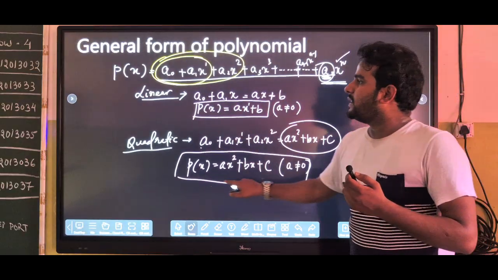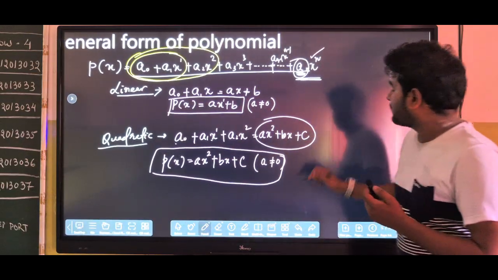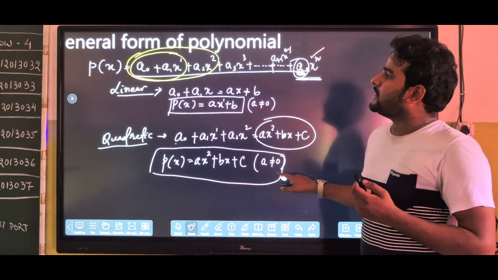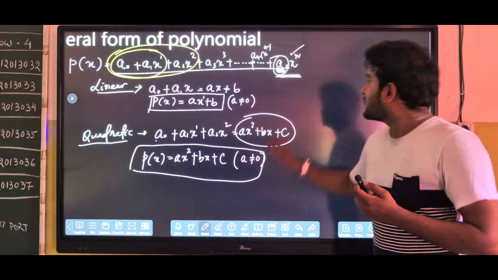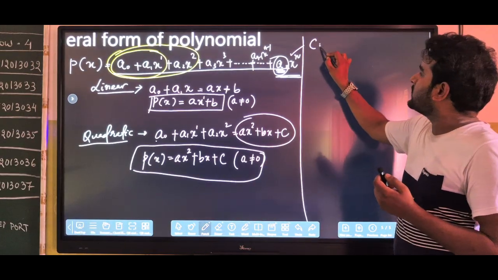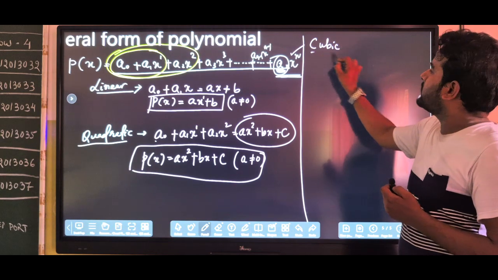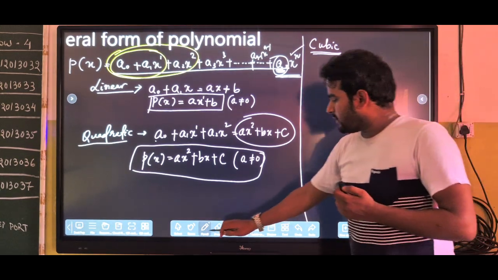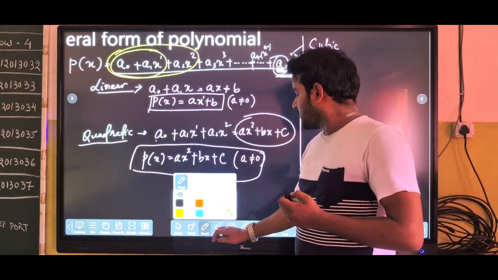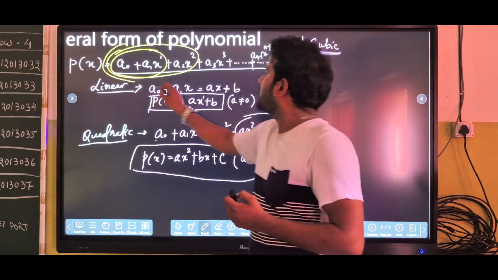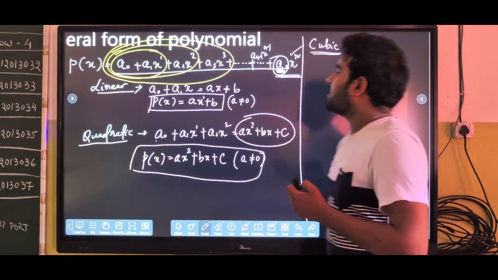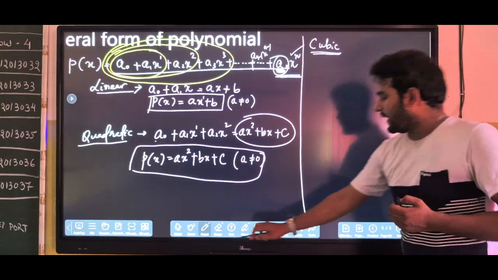Let us go for the third part, that is cubic. The third one is the cubic polynomial. Cubic polynomial means we will go one term extra. So what will I write?